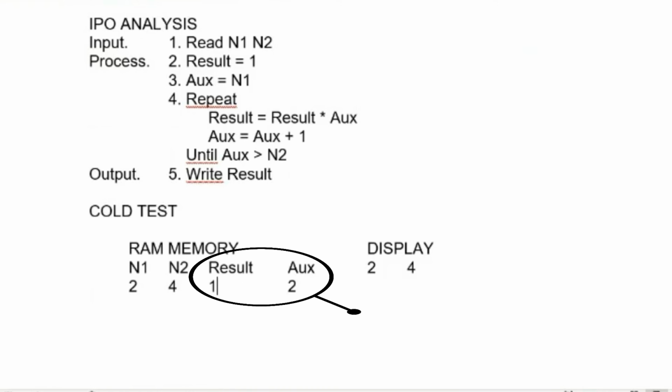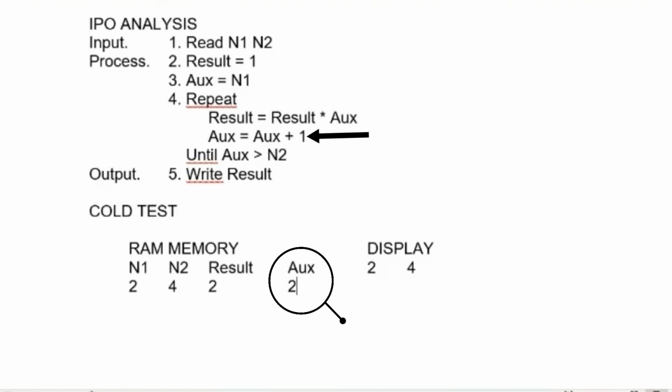Repeat, result is equal to result by aux. So 1 by 2 is 2. Aux is equal to aux plus 1. That means 3. Until aux greater than n2. 3 is greater than 4. That is false. So you go to the repeat instruction.